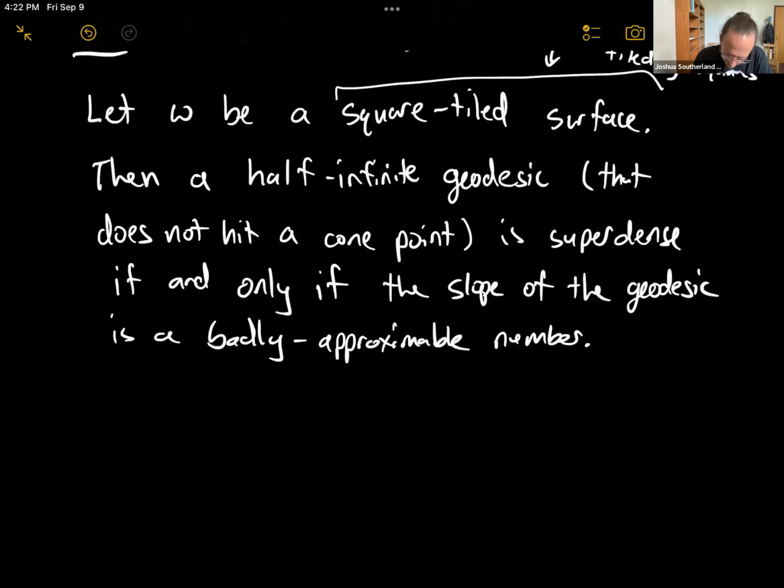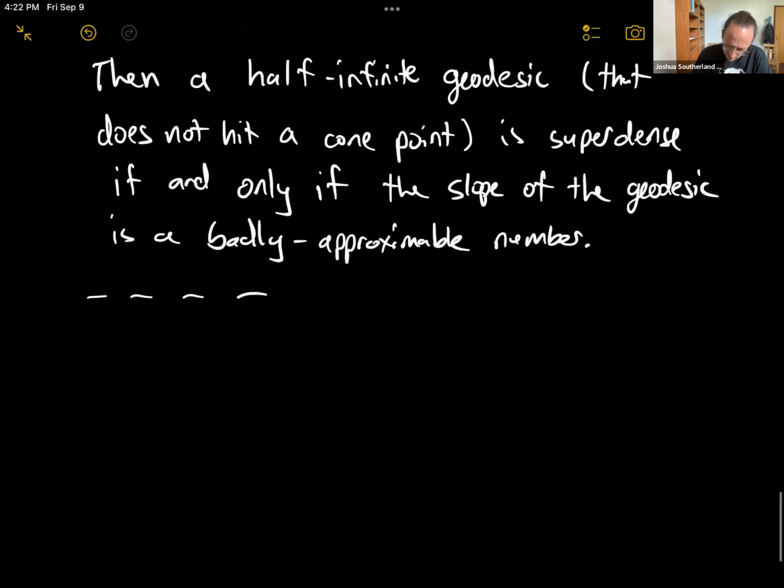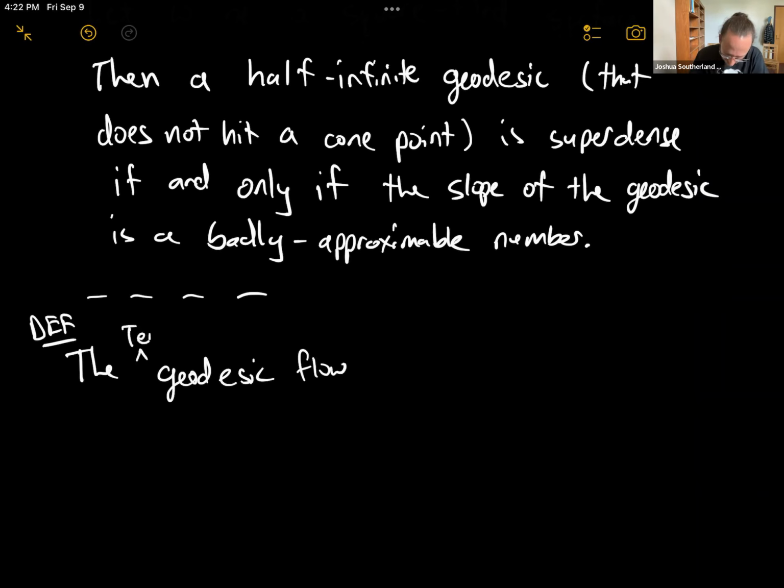And so let's see. I do need to give one quick definition that hasn't come up yet. The geodesic flow, let's call this the Teichmuller geodesic flow that's referenced in the theorem, which I'll write again in just a second.